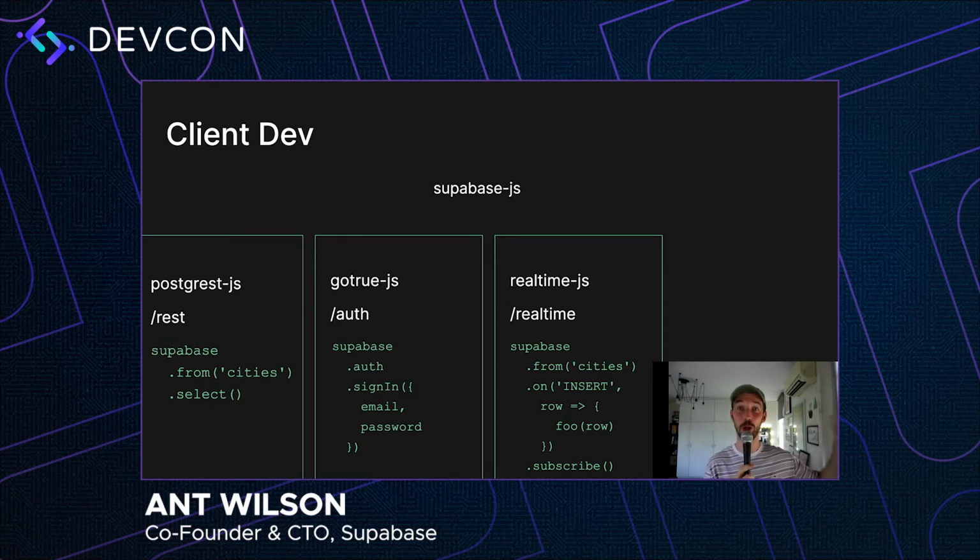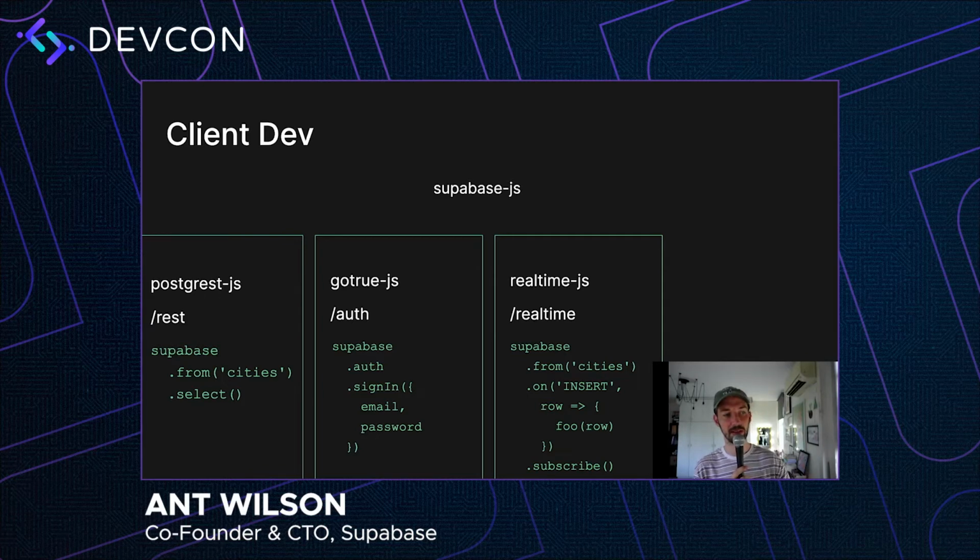Firebase is a NoSQL database, and Supabase is Postgres, which is very much a SQL database. It's relational, and we didn't want to abstract that too much. We wanted it to feel as much like you're querying a database as possible, which is why we have the from keyword and the select keyword.